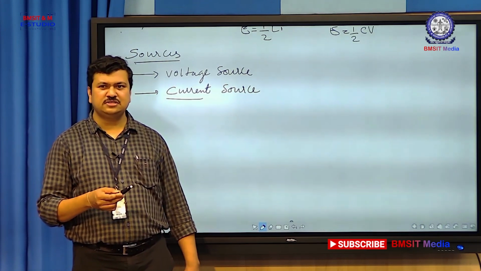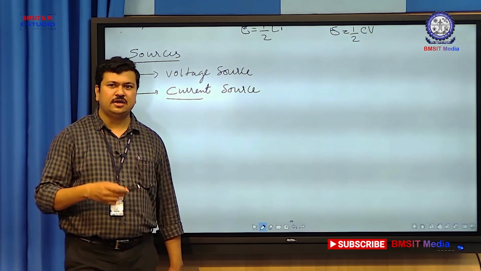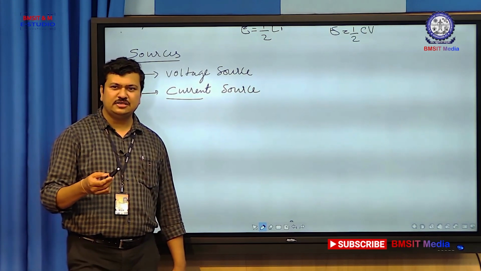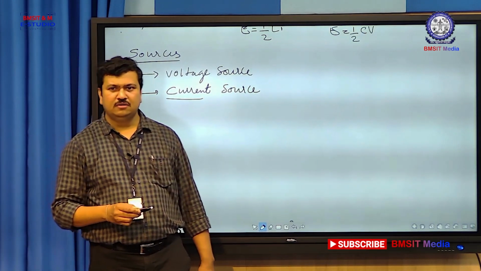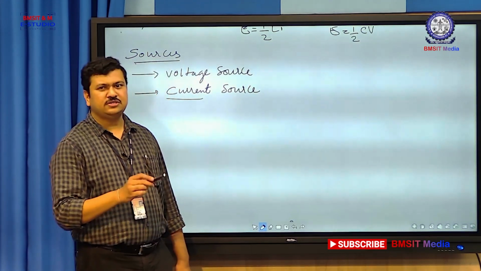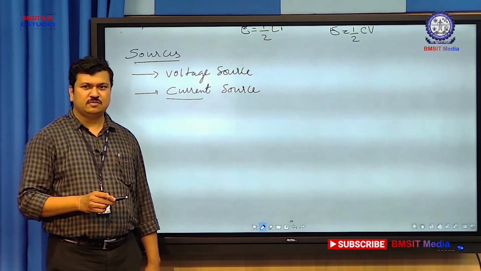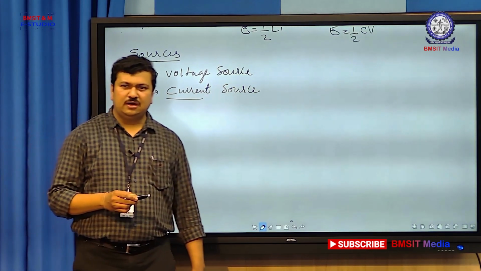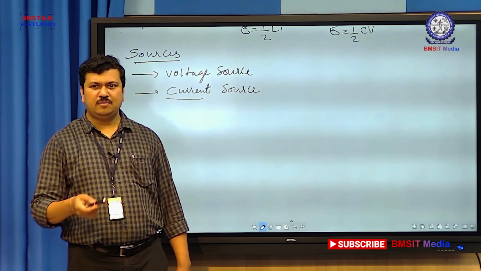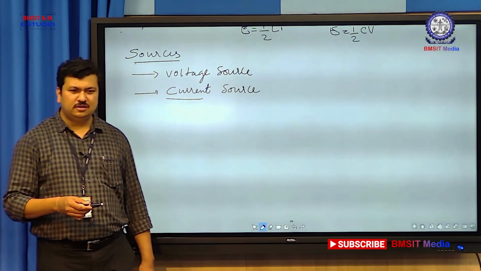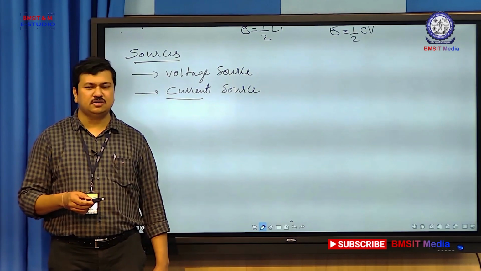That is not the sense we have to take here. A current source is practically characterized by only the current value, but it is practically obtained from a voltage source. Practically realizing a current source is quite difficult. Any current source we see in any application is obtained again from a voltage source such that the terminal is delivering a constant current.